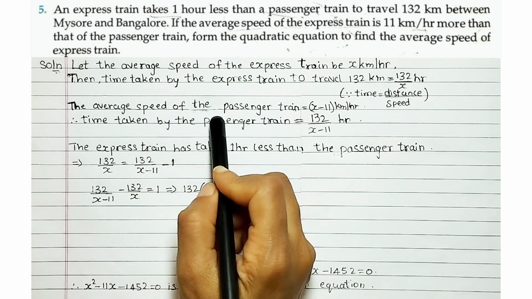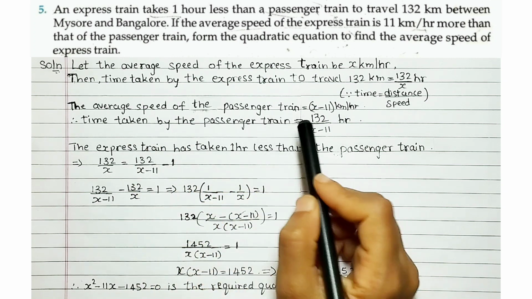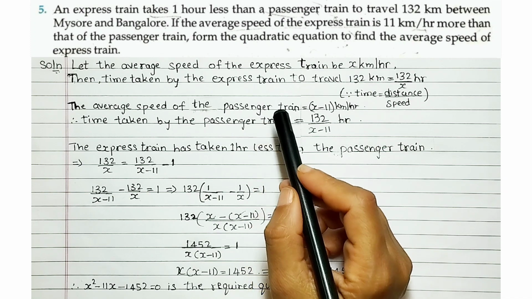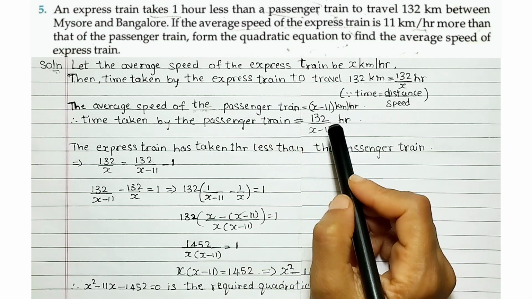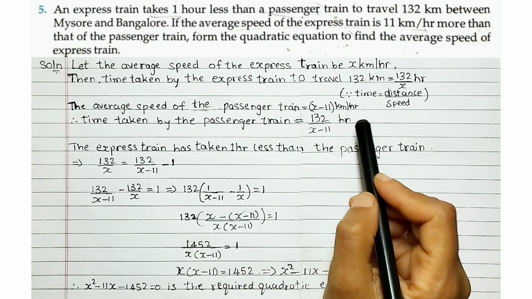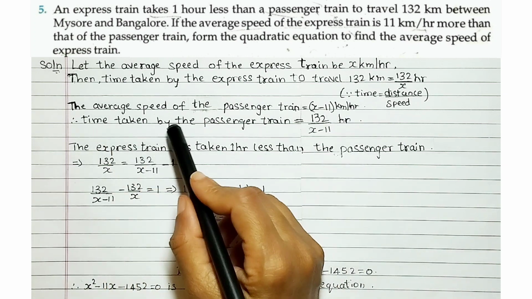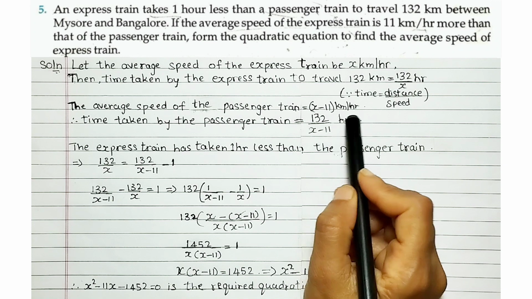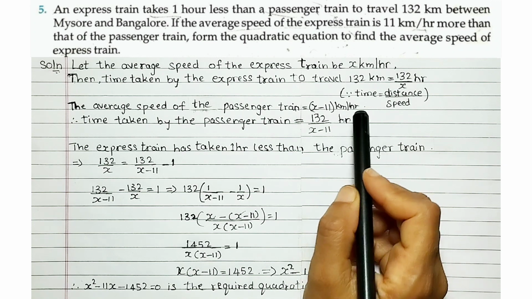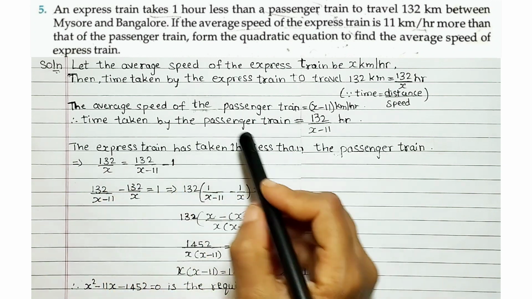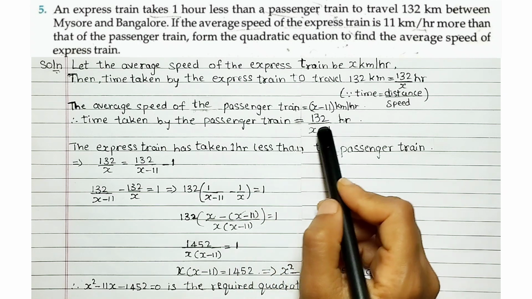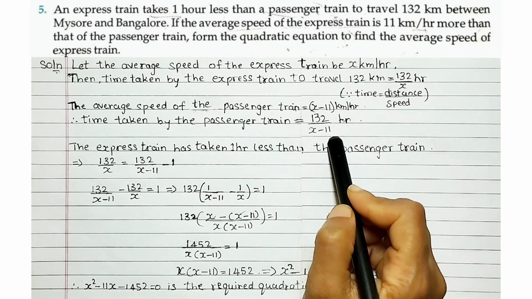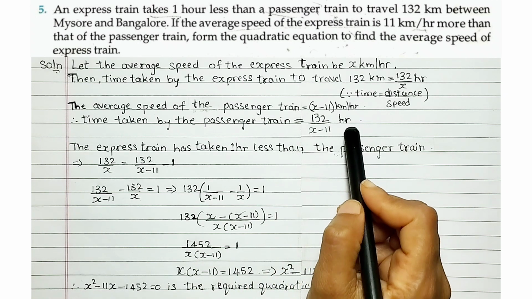Therefore, the average speed of the passenger train is equal to the average speed of the express train minus 11 km per hour. That is, the average speed of the passenger train is x minus 11 km per hour. Therefore, the time taken by the passenger train is 132 by x minus 11 hour.